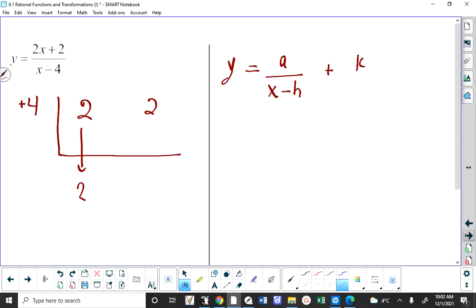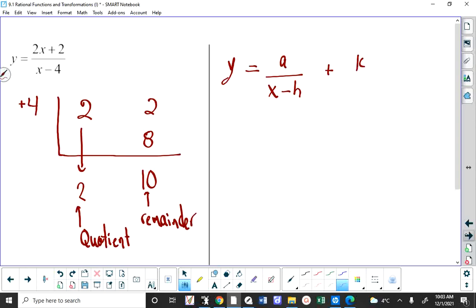You take 4 times 2 and it gives you 8. You add 2 and 8 and get 10. What does that mean? It means that this is the quotient, the result of the division, and this is the remainder.